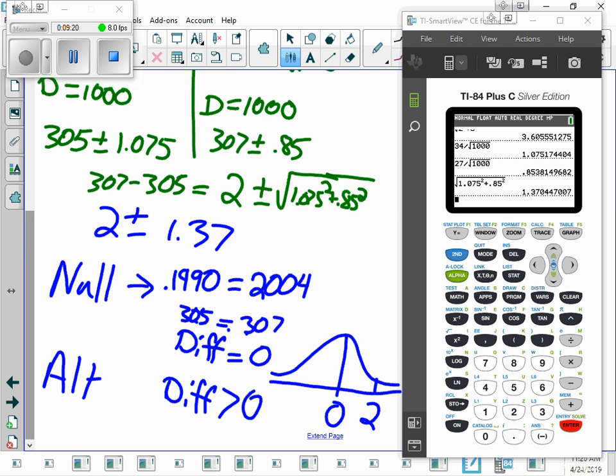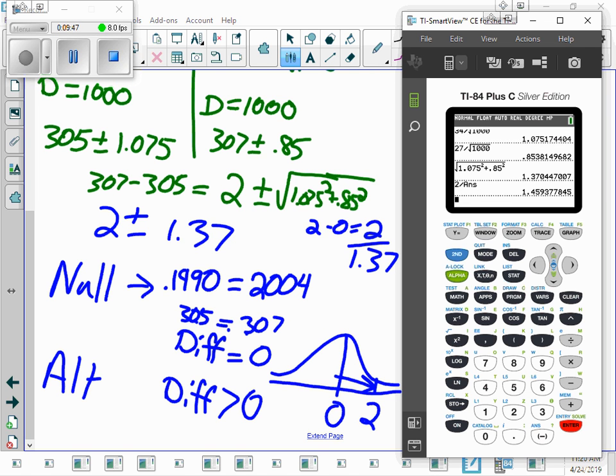Not yet. That is my difference, it's not my test statistic yet. I need to know how far away that is in terms of the SE. So I do 2 minus 0 is 2, and I divide that by 1.37. So 2 divided by 1.37 gives me a z-score of 1.46.